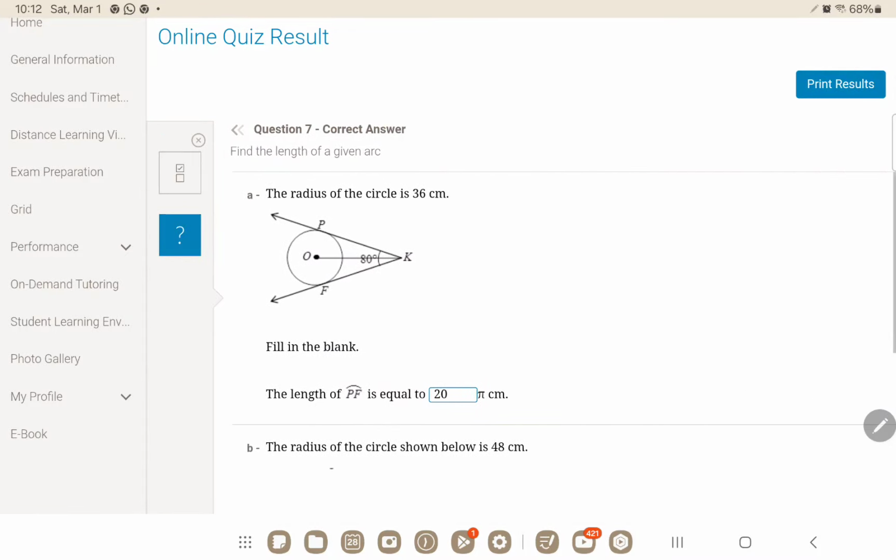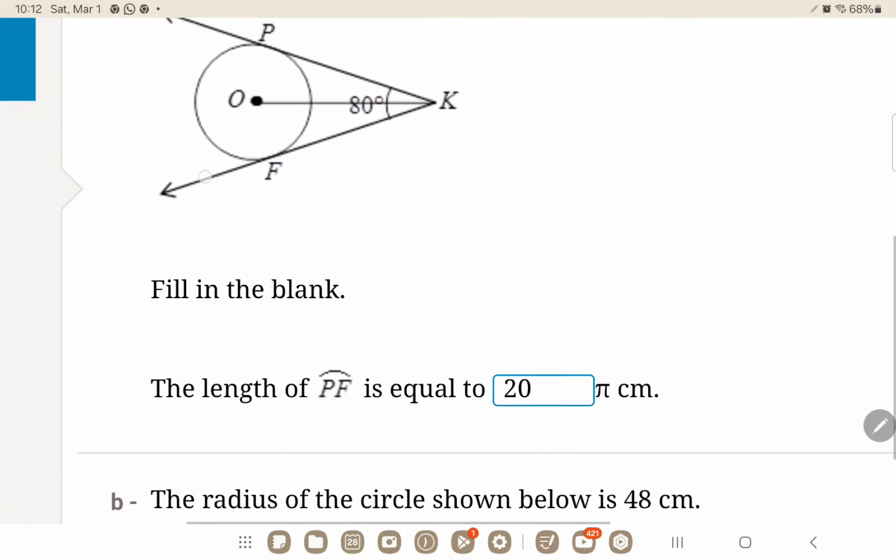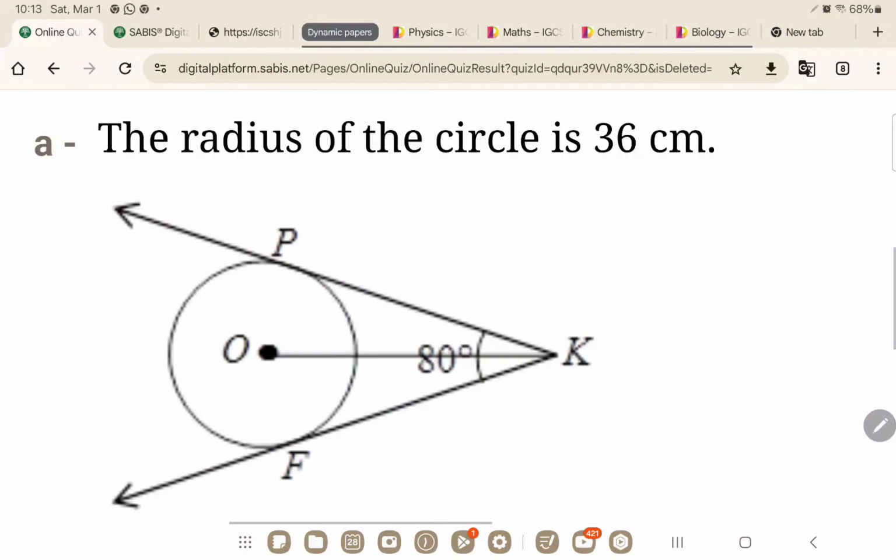Our last question. It's the same exact thing as the last one. We're gonna draw two perpendicular lines which are radii. And you're gonna have this angle left, and this angle you have it to be 80.